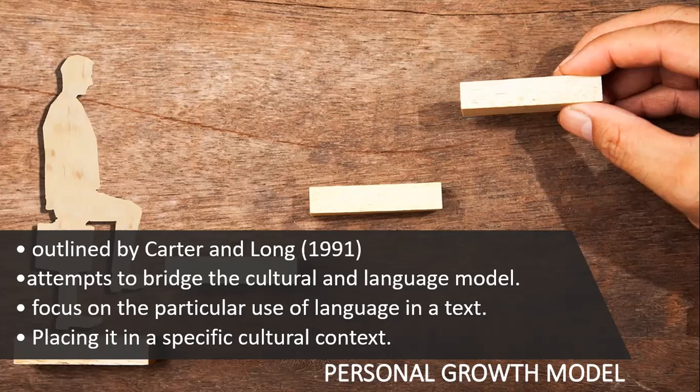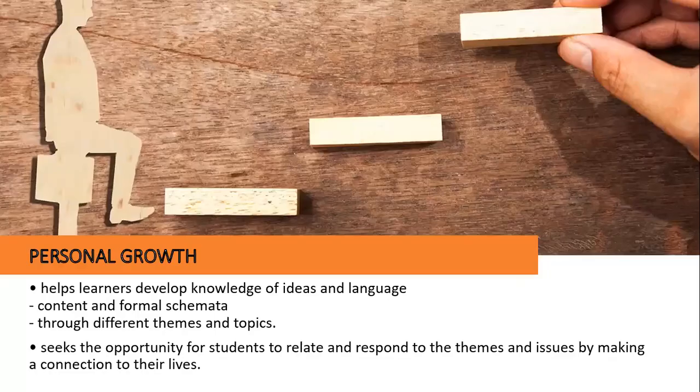to help a person to grow in areas of learning. Okay, because when we say personal growth model, it is more on building a holistic individual. And ano ba to? That attempts to help a person be informed of different matters that enable them to grow in knowledge and in truth. So let's move on. When we say personal growth, it helps learners develop knowledge of ideas and language. So it is a content and formal schemata through different themes and topics.